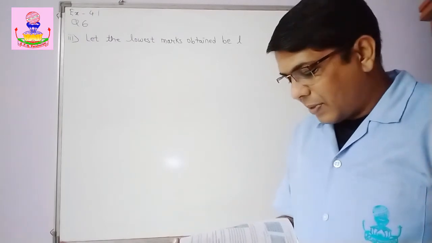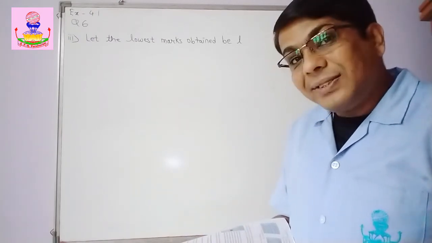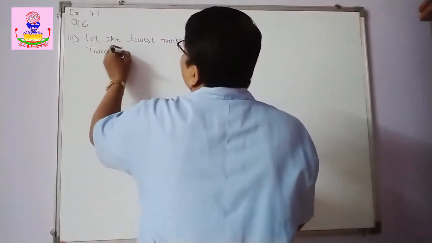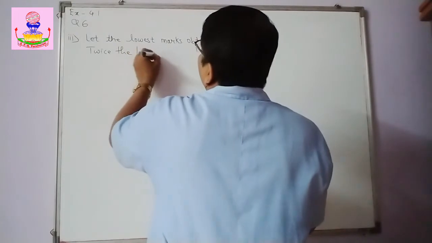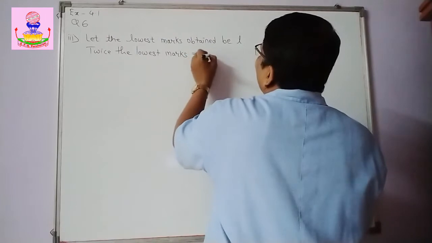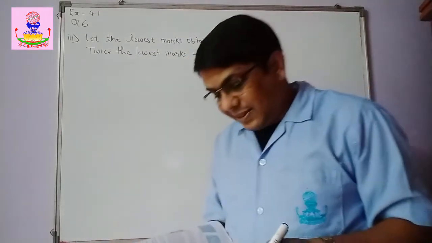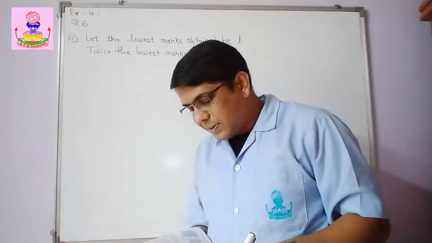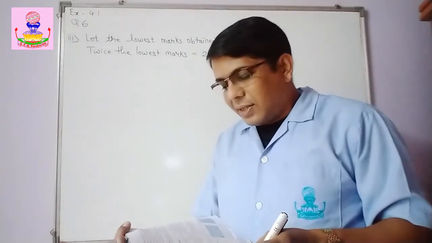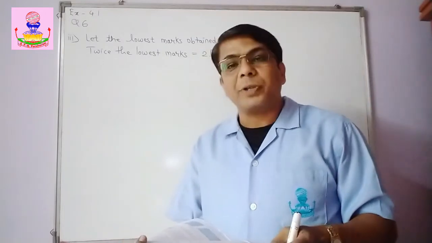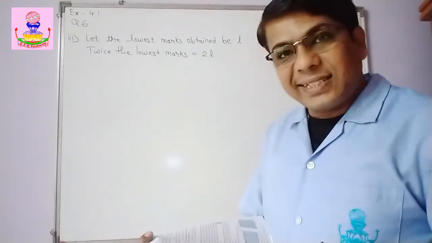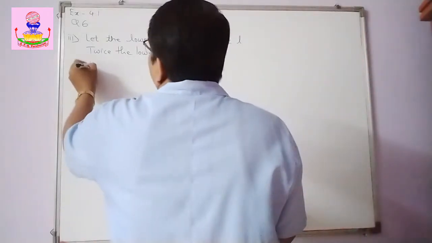Now, twice the lowest marks. How much will it be? 2L. Am I right? And then the teacher tells the class that the highest marks obtained by the student is twice the lowest marks plus 7.